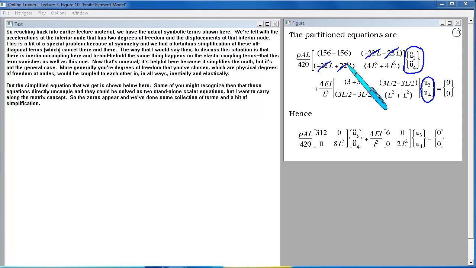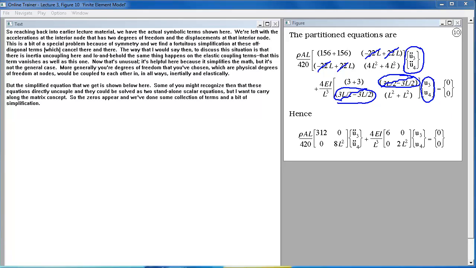The way that I would say to discuss this situation is that there is inertial uncoupling here, and lo and behold, the same thing happens on the elastic coupling terms, that this term vanishes as well as this one. Now that's unusual. It's helpful here because it simplifies the math, but it's not the general case.